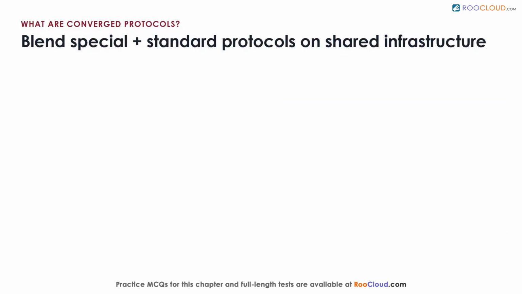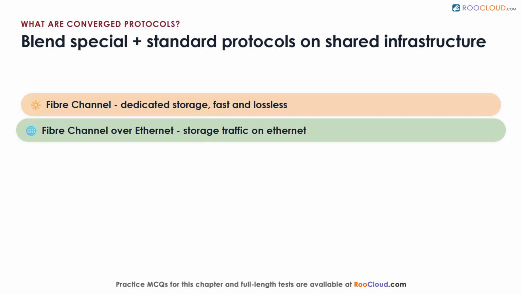So what are converged protocols? They blend specialized protocols with standard ones over shared infrastructure. That reuses the existing network, saving real money, though it adds complexity. A few are worth knowing. Fibre Channel delivers fast, lossless storage traffic over its own dedicated network. Fibre Channel over Ethernet wraps that traffic to run over Ethernet instead.